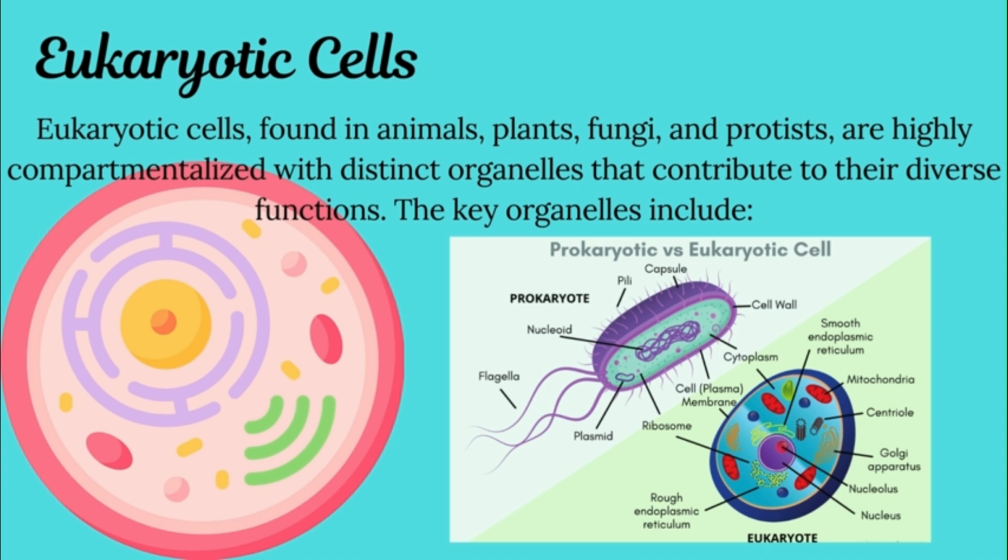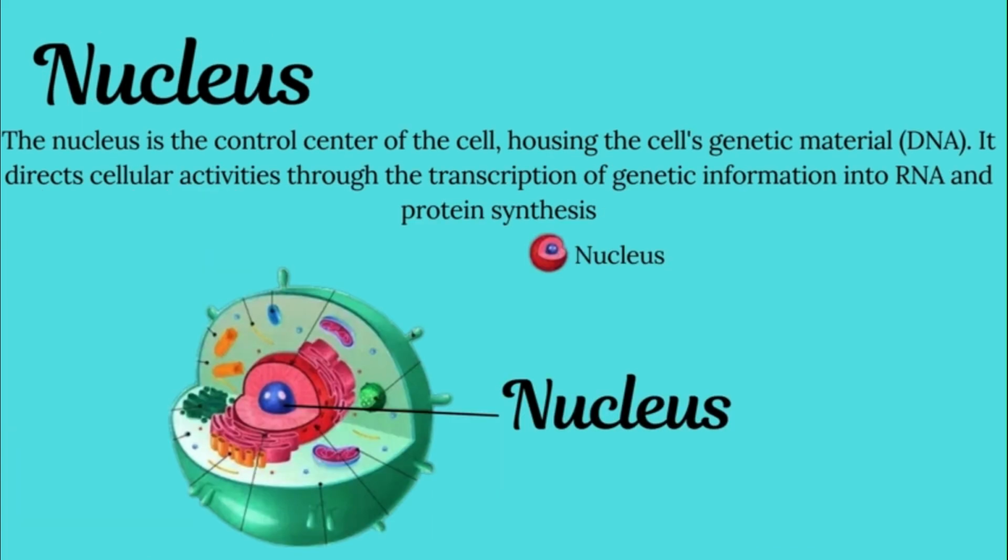Eukaryotic cells. Eukaryotic cells, found in animals, plants, fungi, and protists, are highly compartmentalized with distinct organelles that contribute to their diverse functions. The key organelles include nucleus. The nucleus is the control center of the cell, housing the cell's genetic material, deoxyribonucleic acid, DNA.